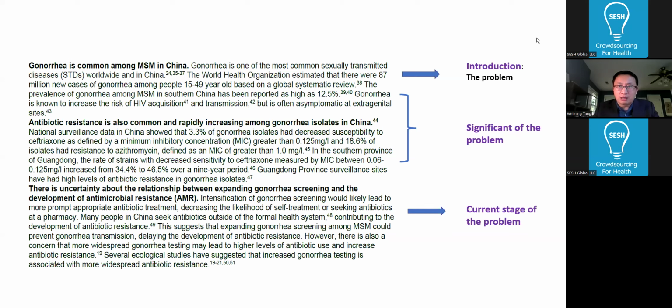Then you want to mention the significance of the problem. For example, in here, we want to introduce the problem of antibiotic resistance, especially in China.